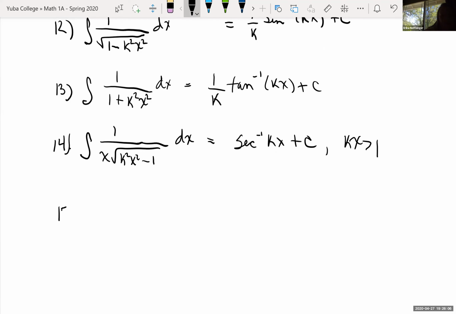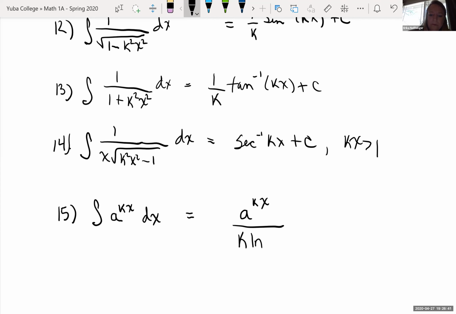And one more. If you have an exponent piece but the base is not e, so a raised to the kx dx, the derivative when it wasn't base e was a little harder. We had to tack on that natural log of a, and so we have to undo that. So we're going to have a to the kx all divided by k times the natural log of a, plus c.